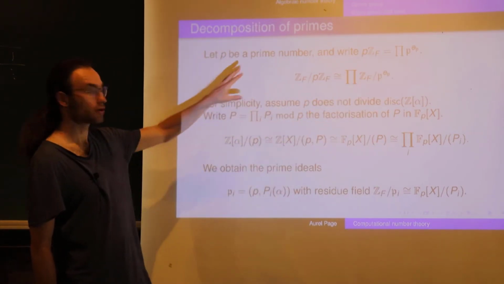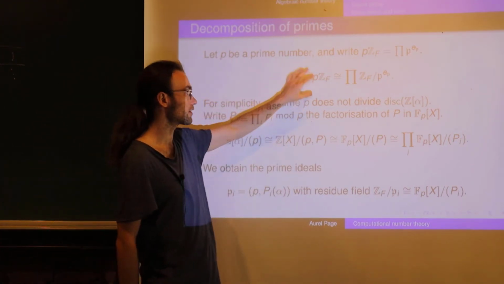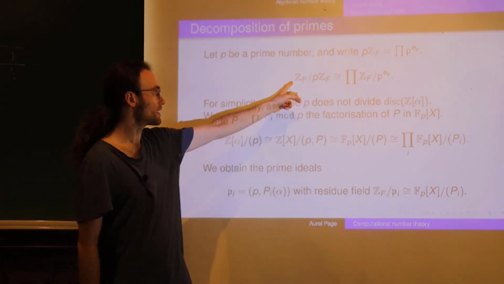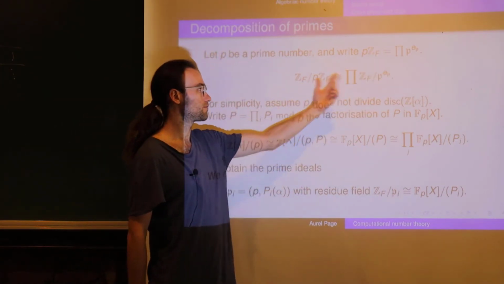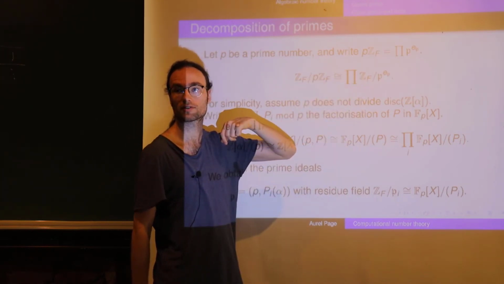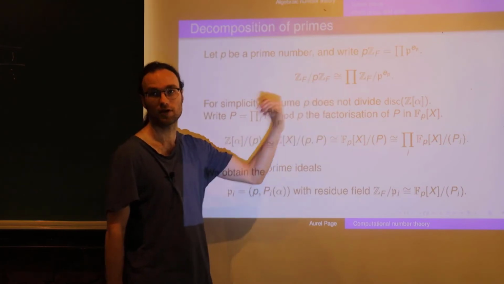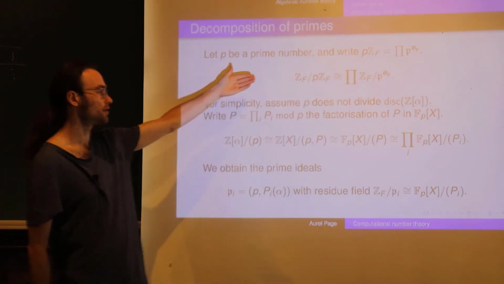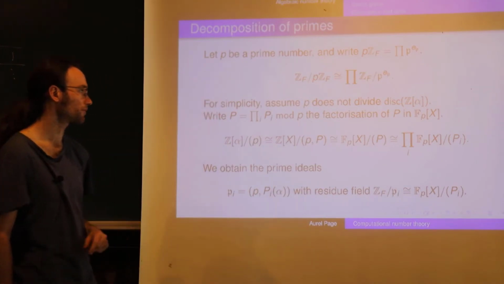The way we're going to factor the ideal is by thinking of the quotient ring of Z_F modulo P. If you have this factorization, by Chinese remainder theorem, this is isomorphic to a product of rings. And what we're going to see is that we can go back from this ring decomposition to the ideal decomposition.